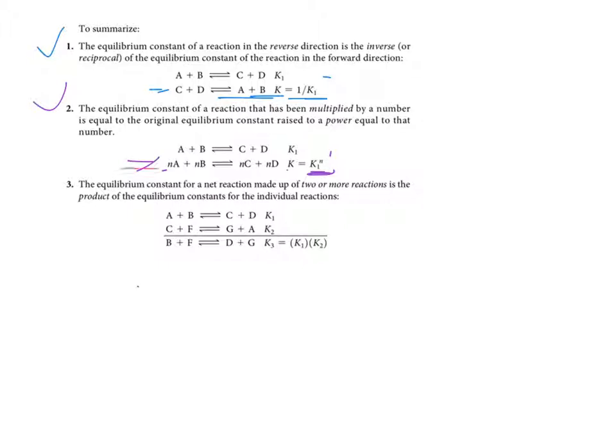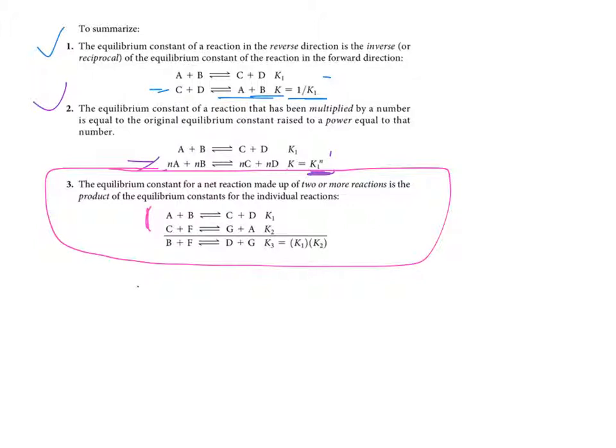Now we're going to talk about this. So if you have 2 or more reactions that you add, and in this case we're adding A plus B going to C plus D, and the equilibrium constant is equal to K1, and a second reaction, C plus F going to G plus A, and these are in equilibrium with the second equilibrium constant.